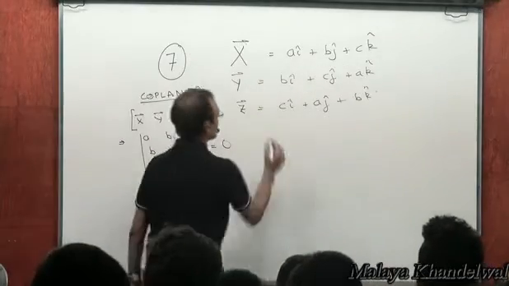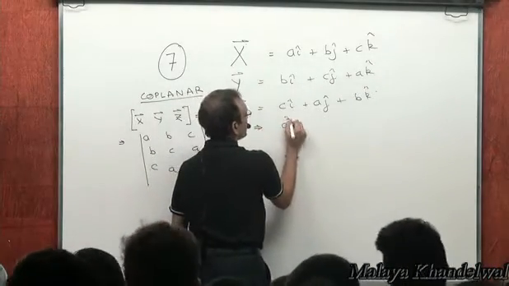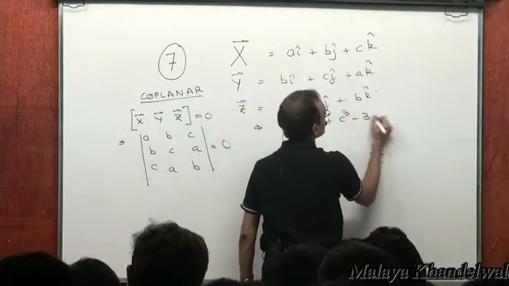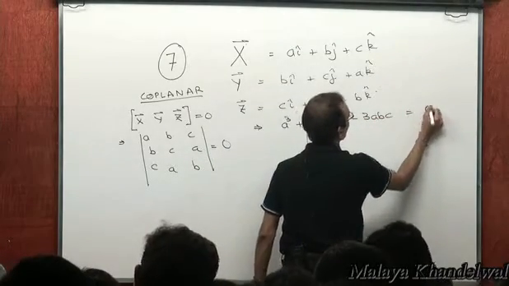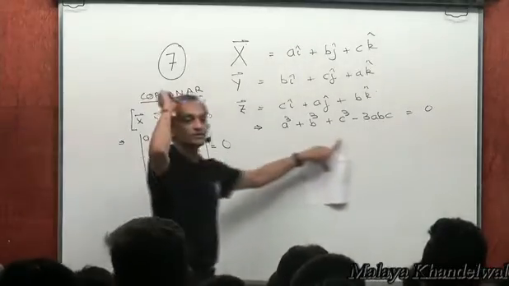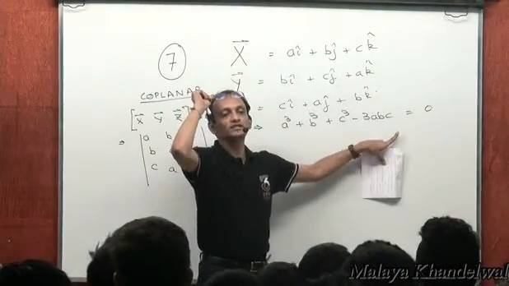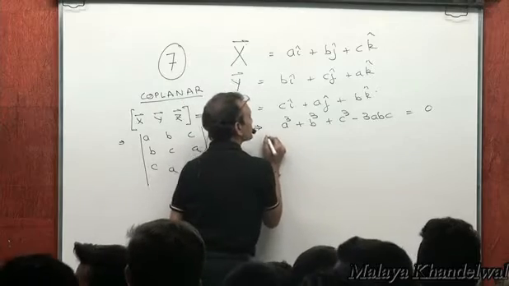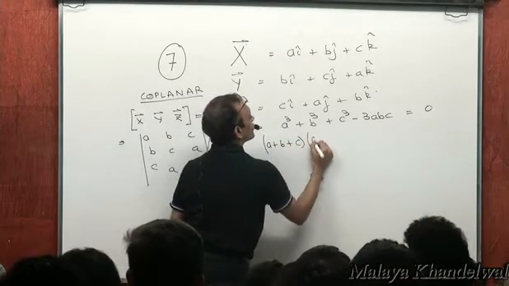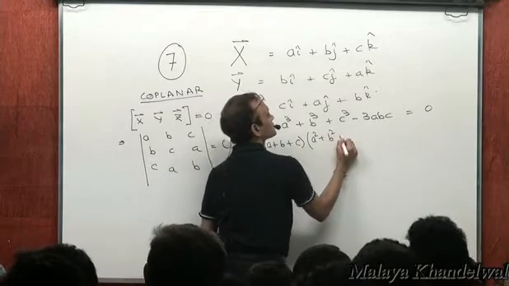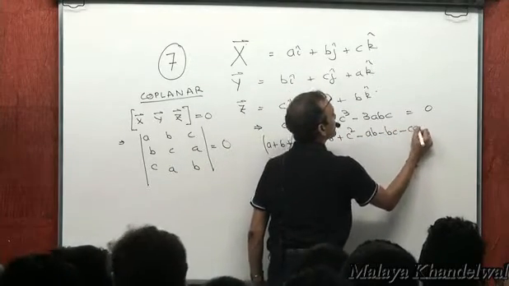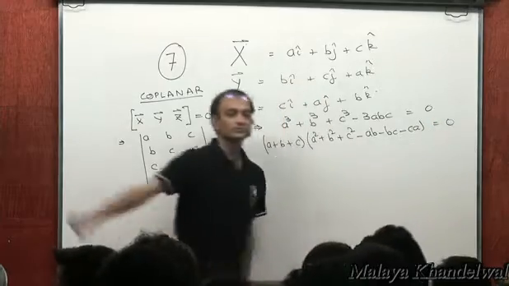This is a regular determinant. This is a cube plus b cube plus c cube minus 3abc is 0. Do you know how to factorize this? You have not seen this identity? This is factorizable as a plus b plus c into a square plus b square plus c squared minus ab minus bc minus ca. That's 0.